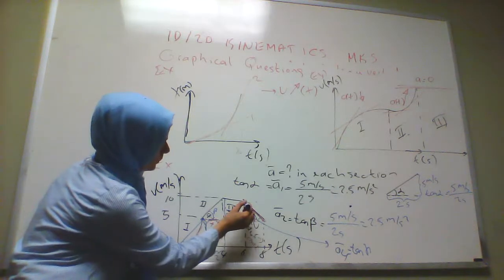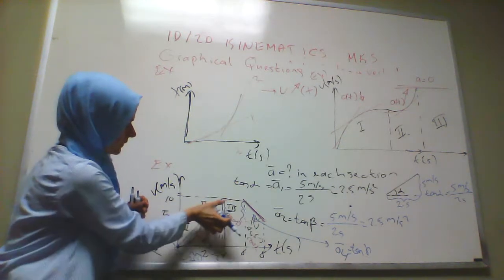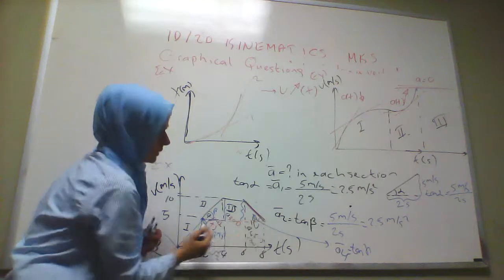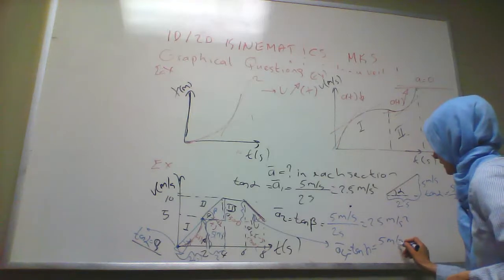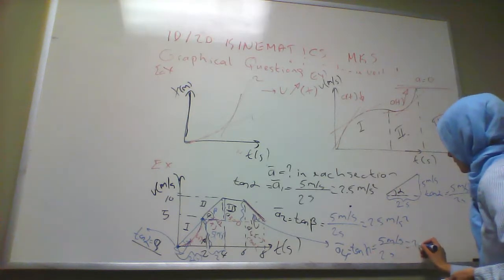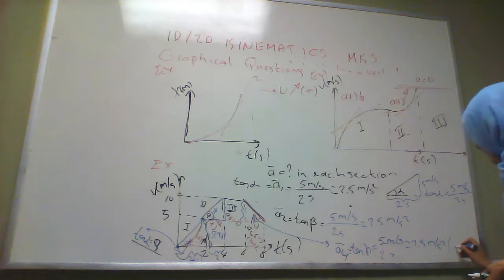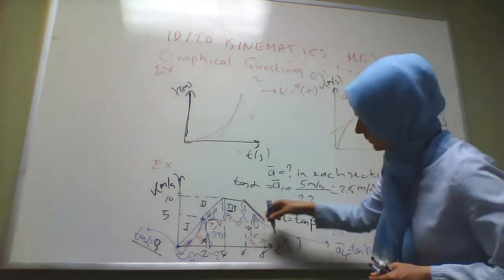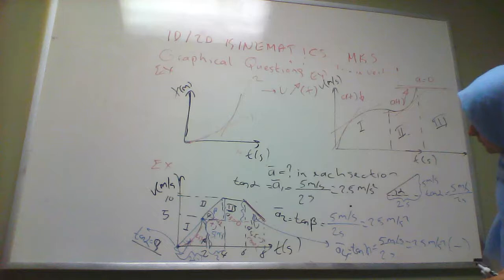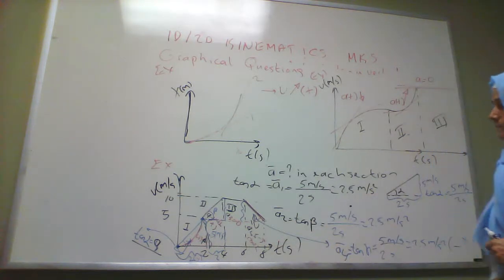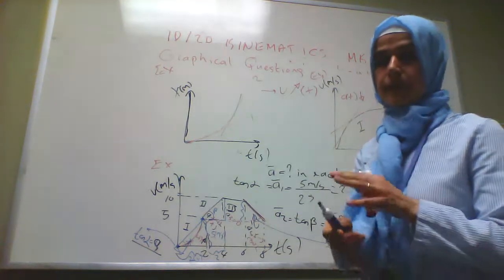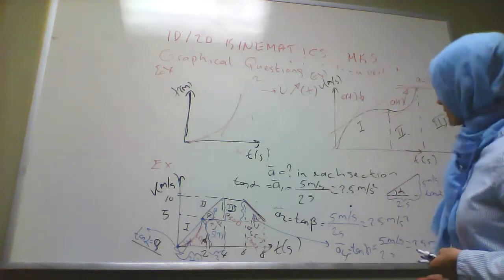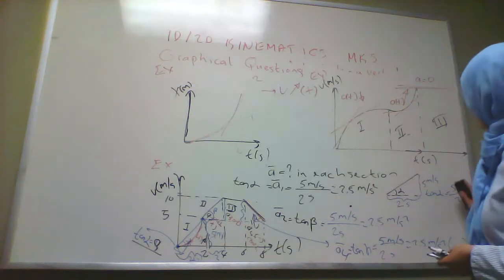And if I look at gamma, opposite is still 5, adjacent is still 2, so it will be also 5 over 2. 5 meters per second over 2 seconds, so 2.5 meters per second squared. This is negative though, slope is downward, and it is also constant. And that's what kind of questions we could have. Accelerations in each region will not always have the same magnitude. Depends on the question. So we can now move on from here.